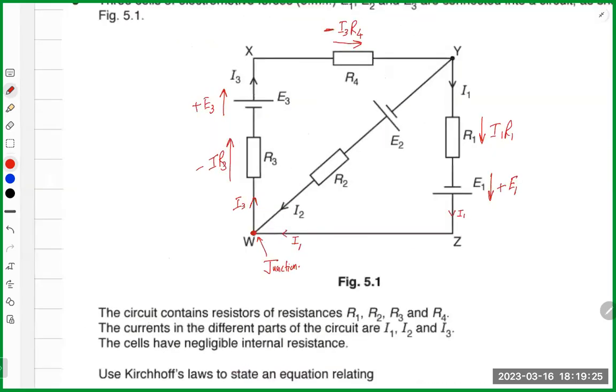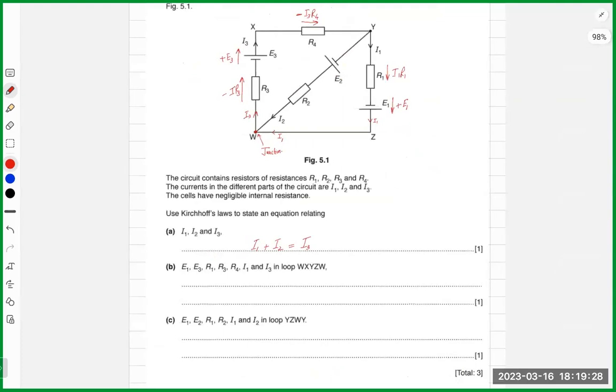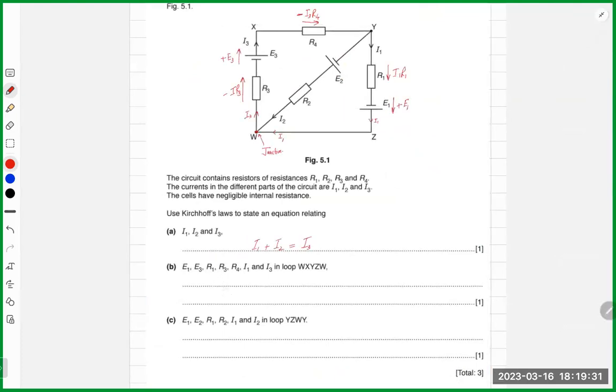When we go like this, that will be plus E1, and then there is no more change. So let's see, what do we have over here? It is minus I3R3 plus E3 minus I3R4 minus I1R1 plus E1 equal to 0.